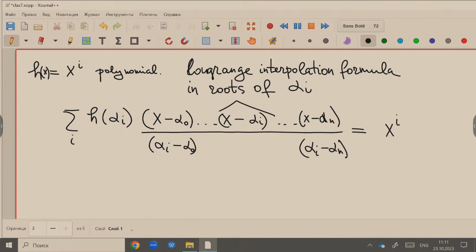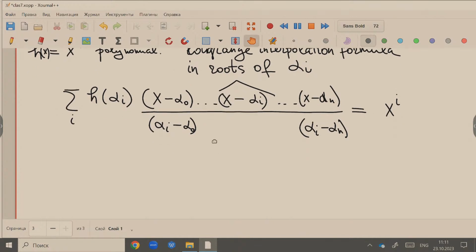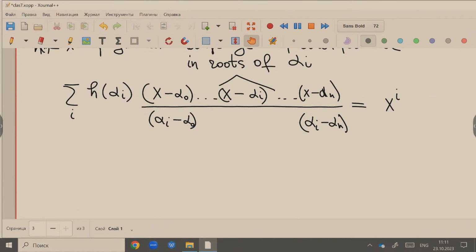How do we rewrite these polynomials? We can rewrite it as follows. This is h of x, and it can be rewritten in terms of f.